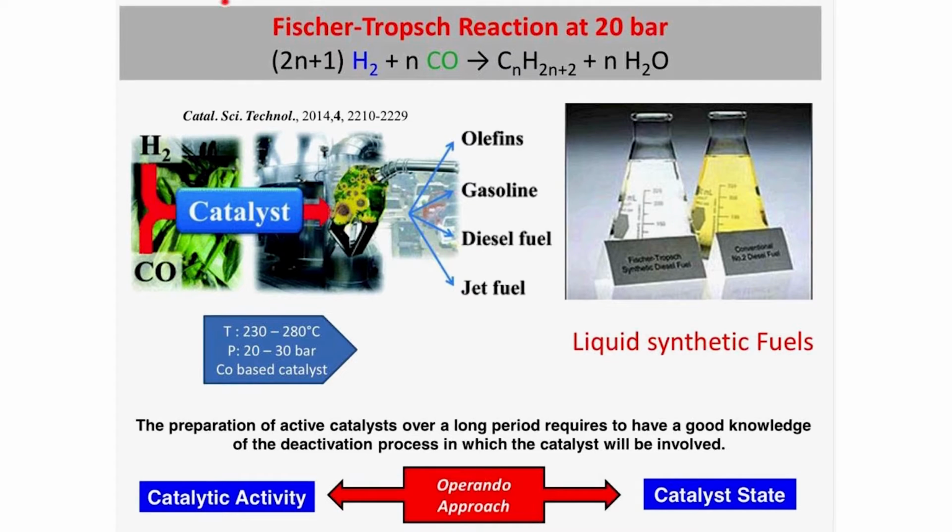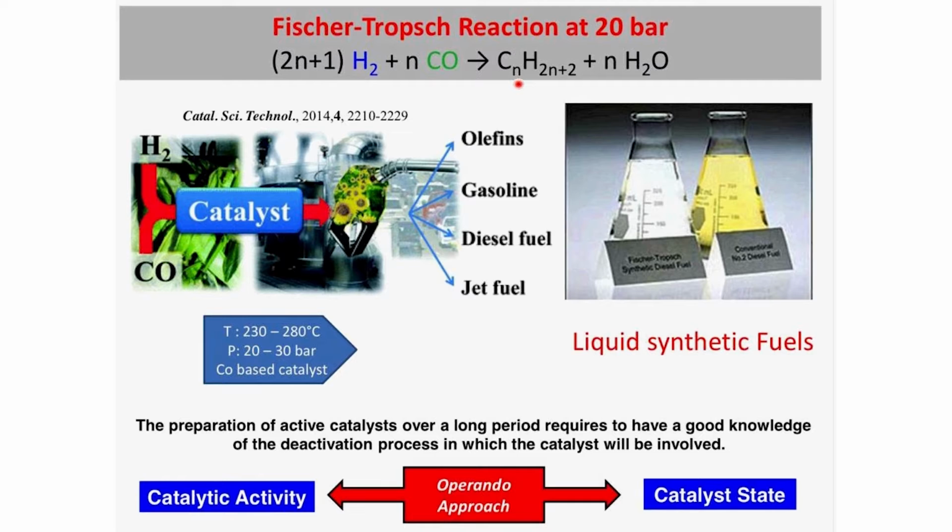The Fischer-Tropsch reaction is carried out at quite high pressure, between 20 to 30 bar, and at moderate temperature range between 230 and 280 degrees Celsius. This reaction converts the syngas, I mean the carbon monoxide and the hydrogen, into liquid hydrocarbons and water.